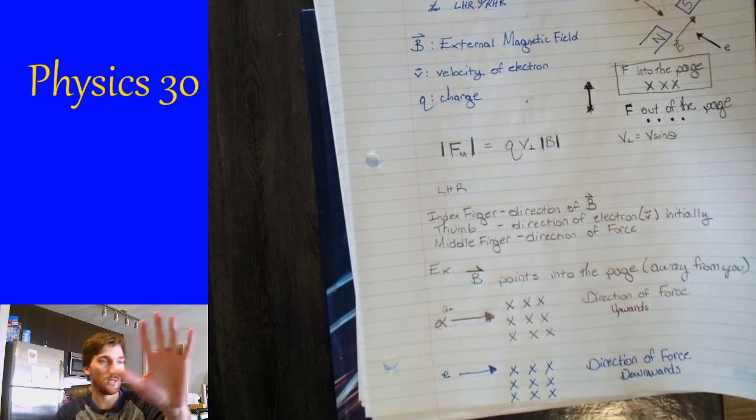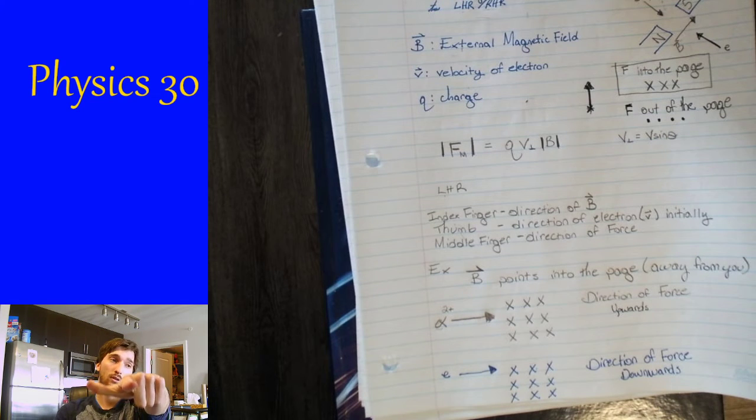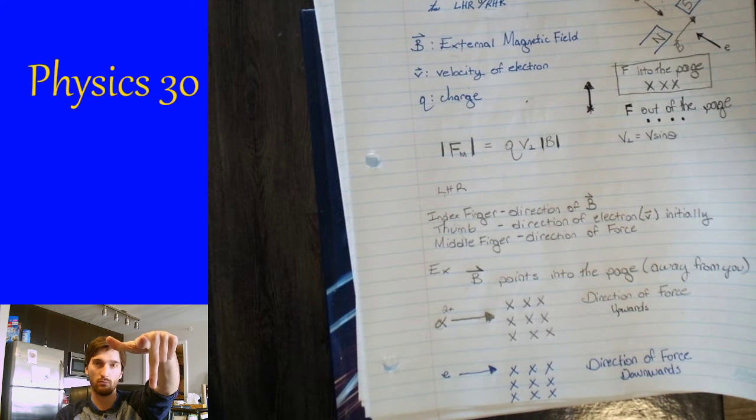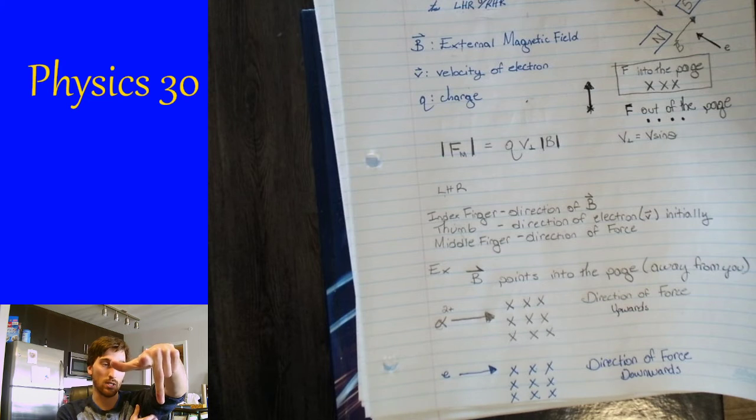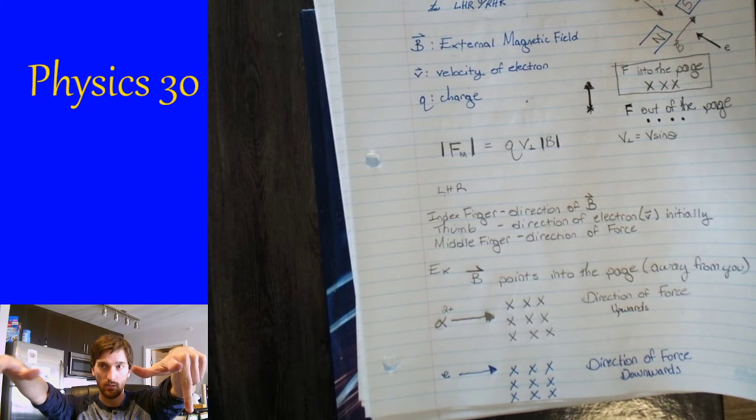Electron first. So left hand, magnetic field points away from me, and the electron was moving to the right, and so the magnetic deflecting force is downwards. Does that kind of make sense? Okay. So next up is the right hand.